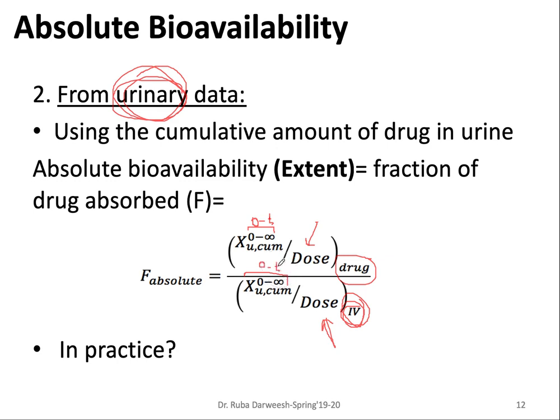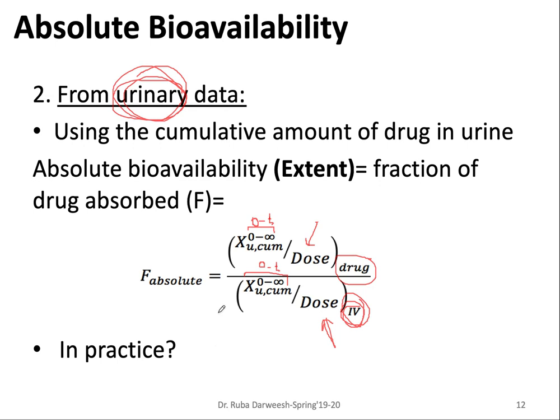Which means if you have the half-life of the drug, and let's say that the half-life of the drug is 5 hours, okay? If you have the half-life as 5 hours for the drug, and I told you that we did the measurement for 10 hours, is it enough? No, it's not enough, because we didn't cover 5 half-lives of the drug, right?